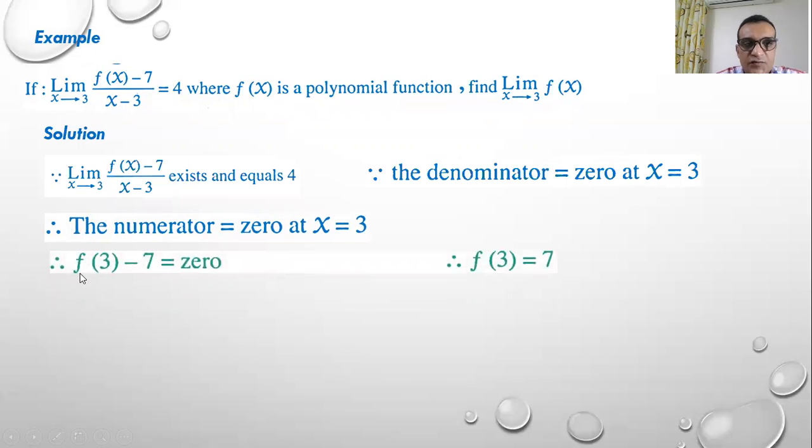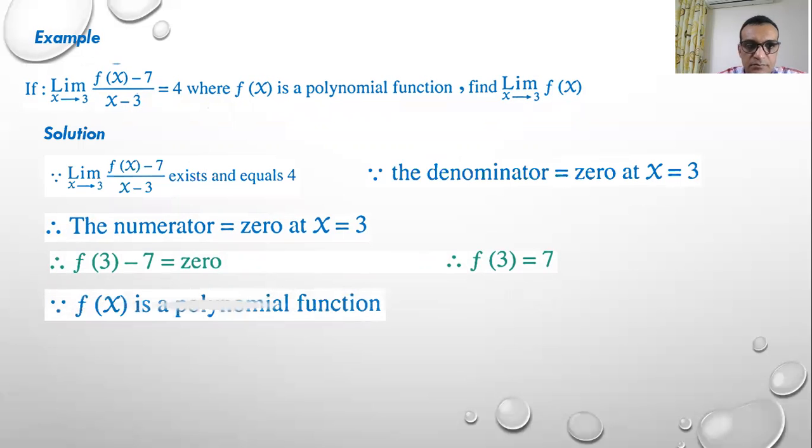Then f of 3 minus 7 equals 0. Then f of 3 equals 7. f of x is a polynomial function. Then the limit of f of x equal f of 3 equals 7 when x approaches 3.